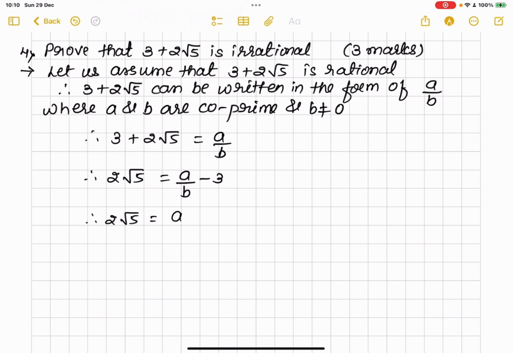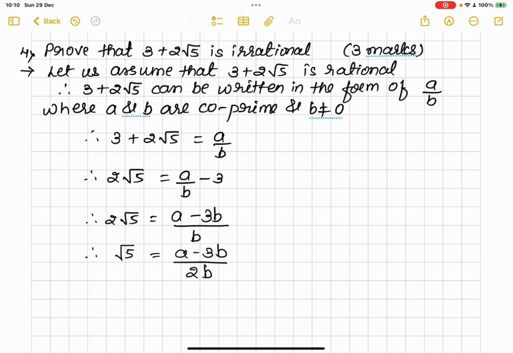Now doing LCM on the RHS side, I will get A minus 3B upon B. Now if you see carefully, 2 is here extra, so I am taking that also from LHS to RHS. So from multiplication, it will go in division. So it becomes root 5 equal to A minus 3B upon 2B.